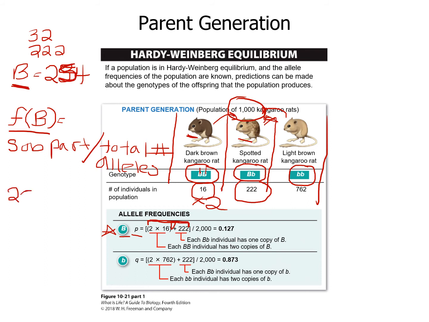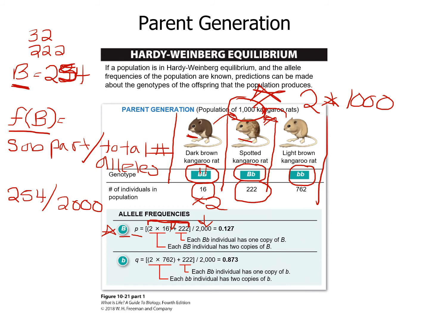So we're going to take 254 and we're going to divide that by 2,000. Now, if you're wondering where we got the 2,000, it's because we have 1,000 kangaroo rats. That is our whole population. Each kangaroo rat has 2 alleles to give. So we're just going to take 2, multiply it by 1,000, and that's going to give us 2,000. So that's our total number of alleles.